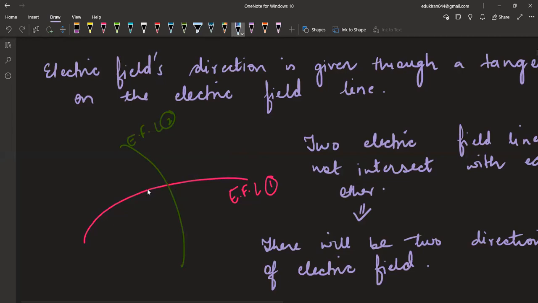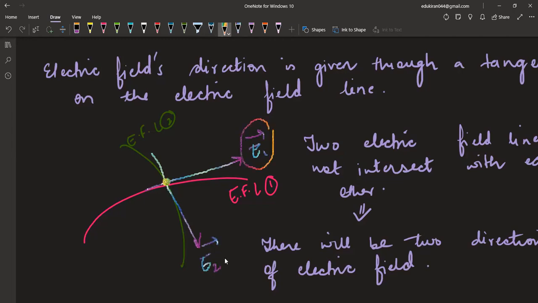If I drop a tangent, this will be the direction of electric field due to 1. And when I drop a tangent on this, this is electric field due to 2. Can you see at this point only, there are 2 different directions of electric field, E1 also and E2 also.